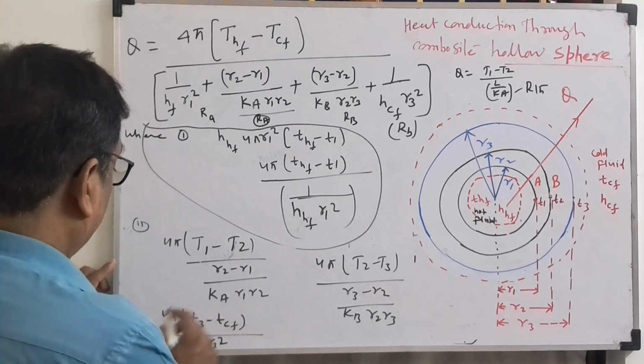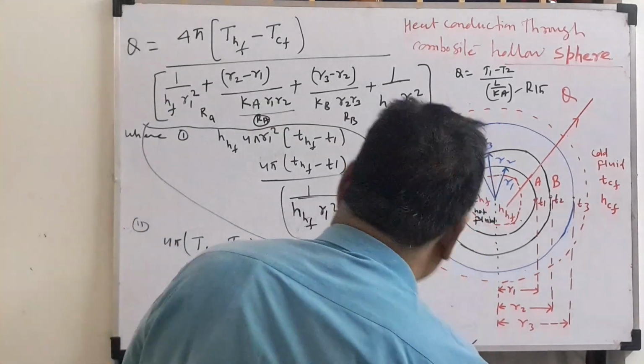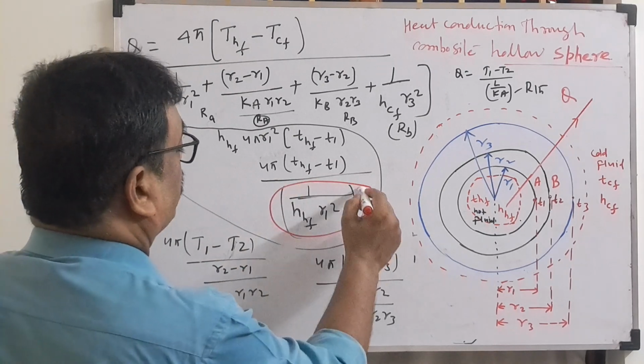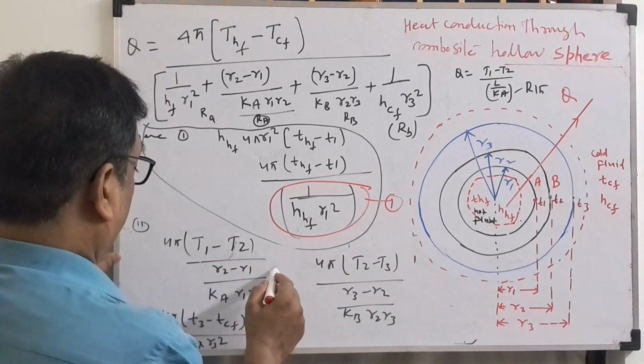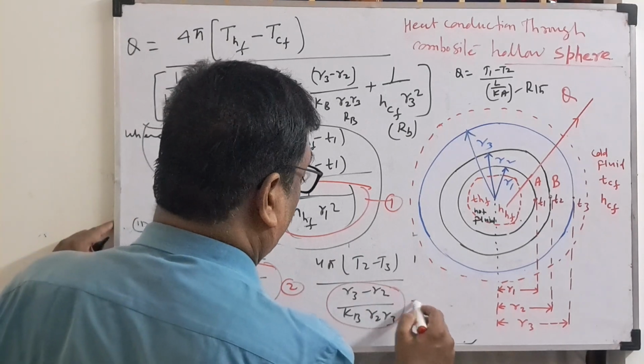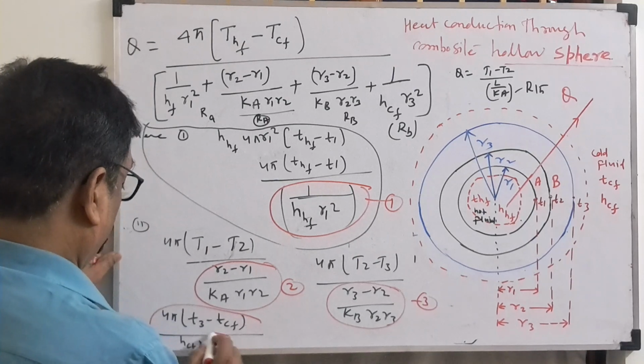So this is the thermal resistance for the first one, this is for the second one, this is for the third one, and this is the thermal resistance for this part only.